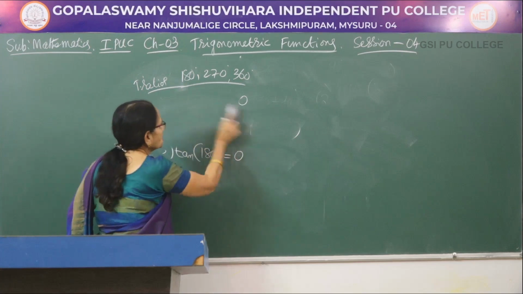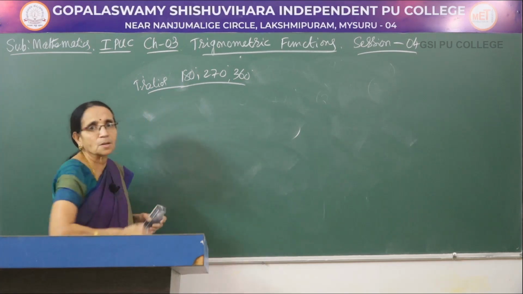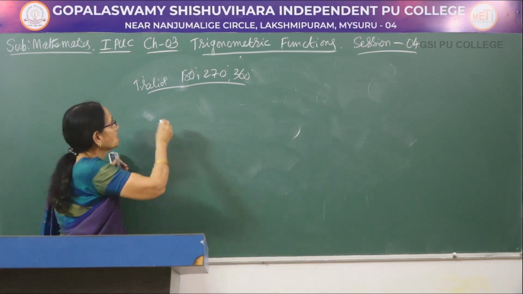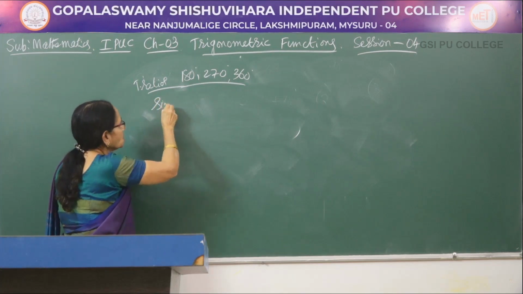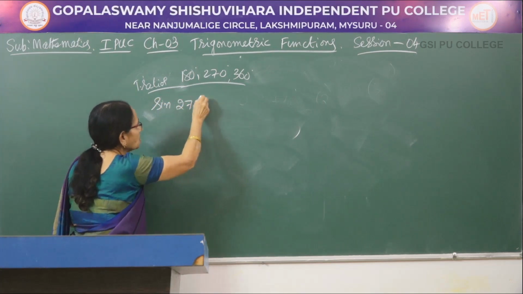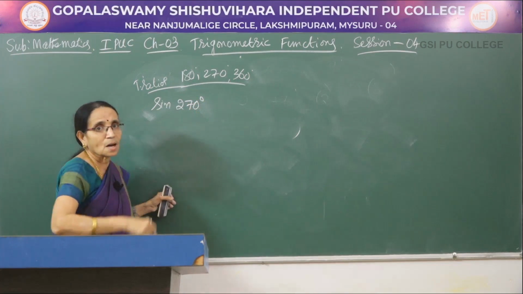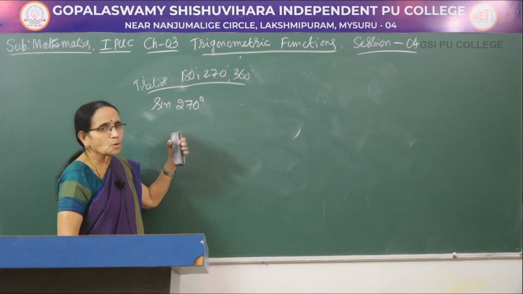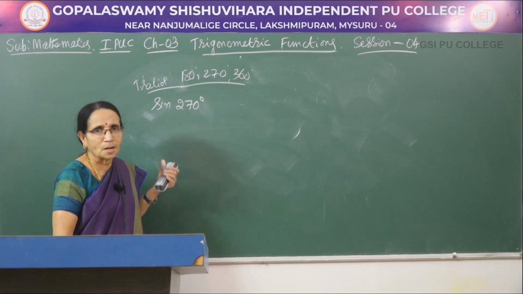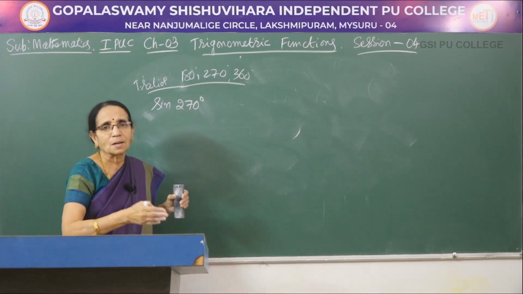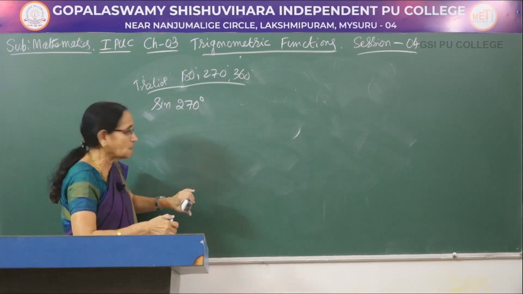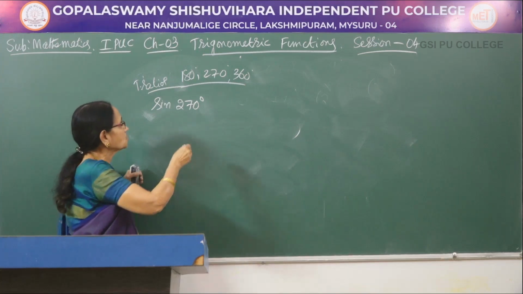Now, let me consider the next angle, that is 270 degrees. Take sin of 270, because 90 we had learnt in the earlier session, and you are familiar with the standard values from your high school classes. So, I am taking the other angles 180, 270 and then 360.